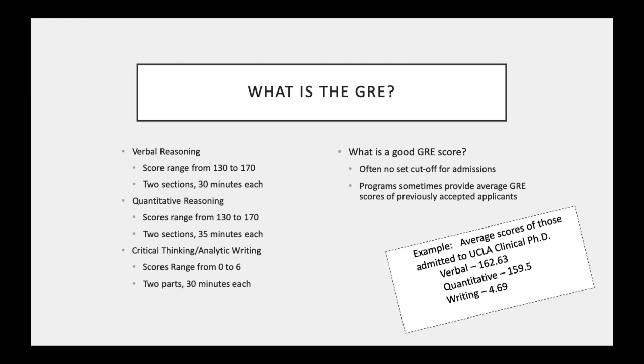Each of the three main sections have two smaller sections that take about half an hour to complete. Programs do not typically give hard requirements for GRE scores, so it is hard to say what is a good score. However, many programs will give the average GRE scores for those who have been previously admitted to the program.